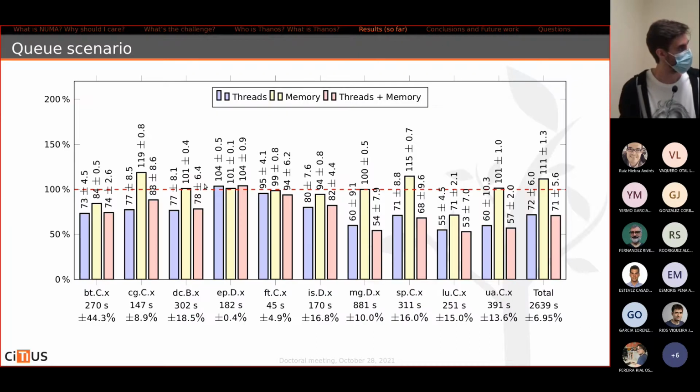This is the best scenario for us, and we can see that our migration algorithms improve execution times significantly. We have on average an improvement of 30%, with peaks of almost 50%, which is great for us.